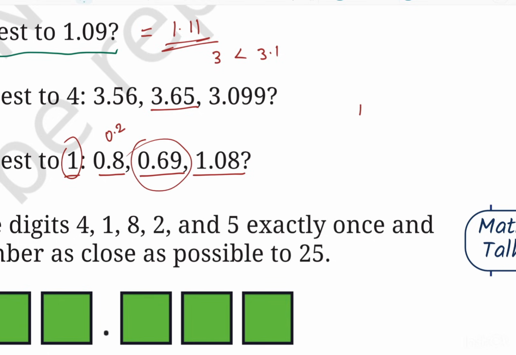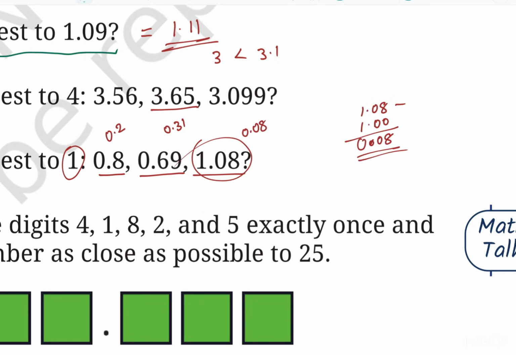We write 1 as 1.00 and subtract 0.69. 10 minus 9 is 1, 9 minus 6 is 3. So we get the distance 0.31. Next we subtract 1 and 1.08 which is 0.08.